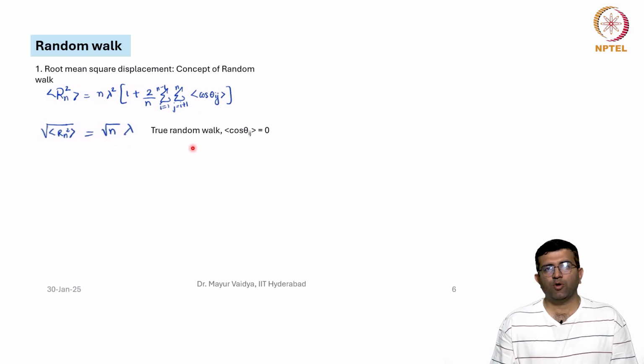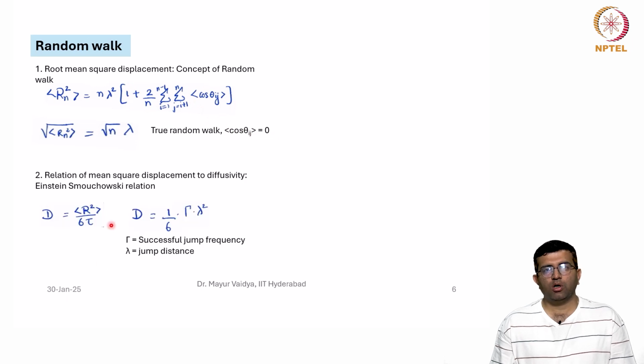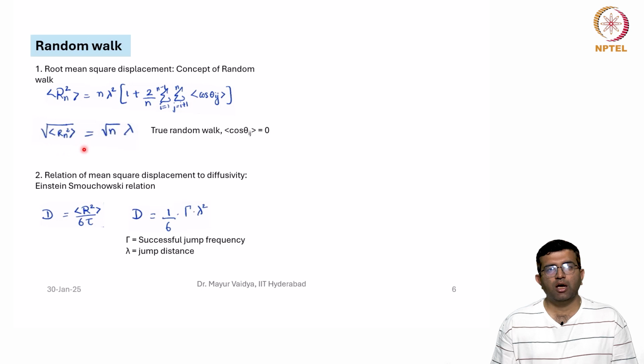For the true random walk, we saw that the summation of cos theta ij is equal to 0, which appears here. We also saw how the root mean square displacement, or the mean square displacement, is related to the diffusivity.